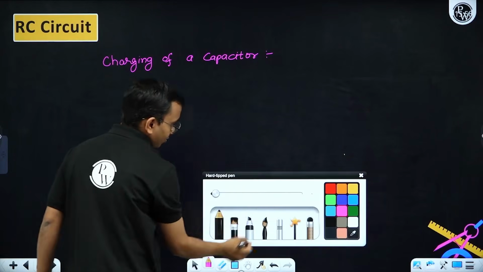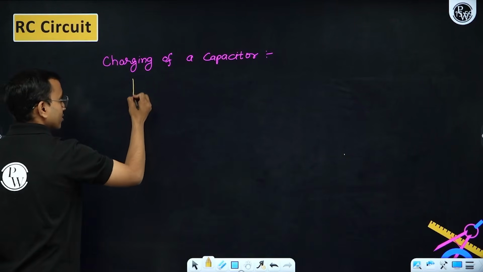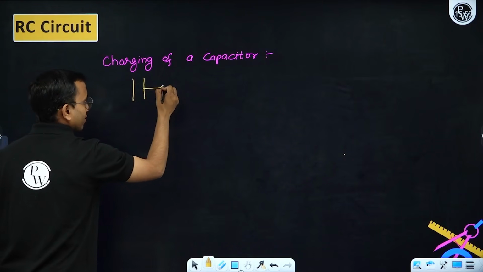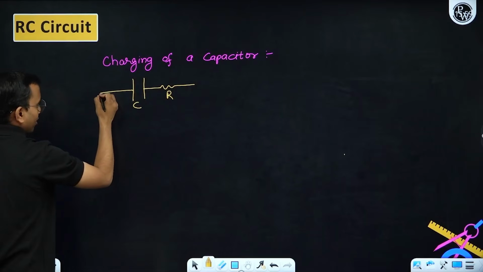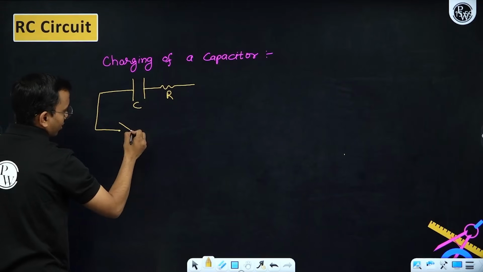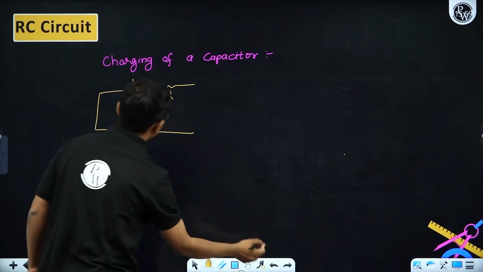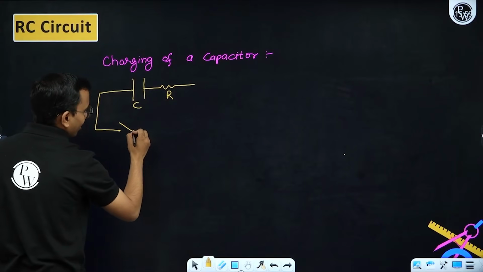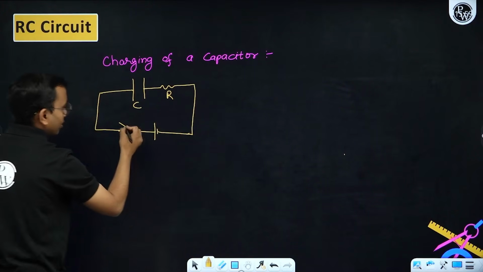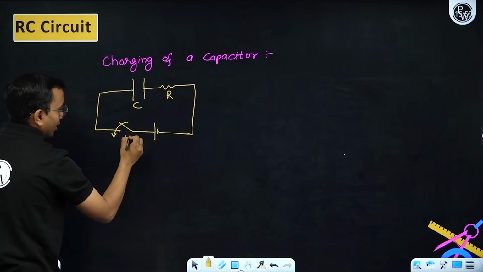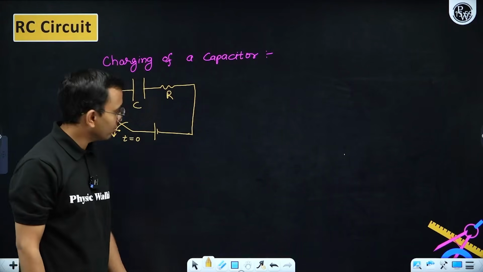So RC means there is a capacitor, there is a resistor, a switch is there. Oh, battery, I forgot the battery. Here we are having a battery. The switch is closed at t equals 0. Now, what will happen? Some charge will come.